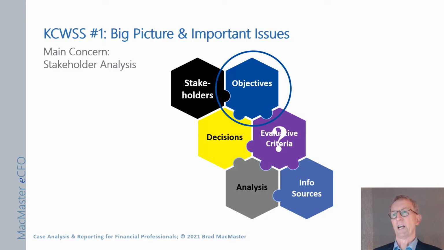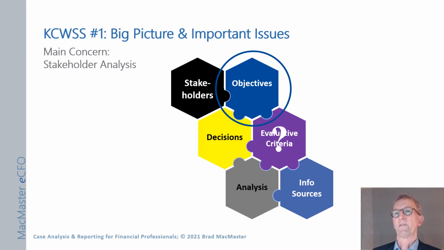And these could be general or they could be specific. So we need to think about, from the facts of the case, what's important to them generally and what is specifically relevant to them based on the case facts. When I speak about generally, that refers to the objectives of a particular class of stakeholders.